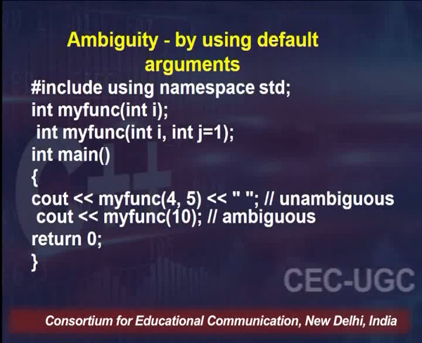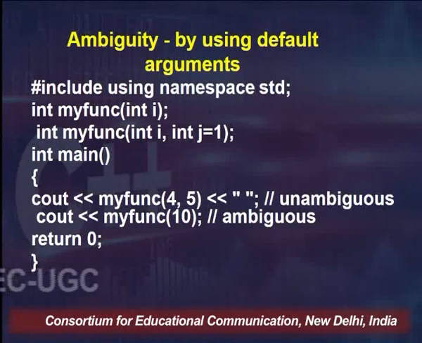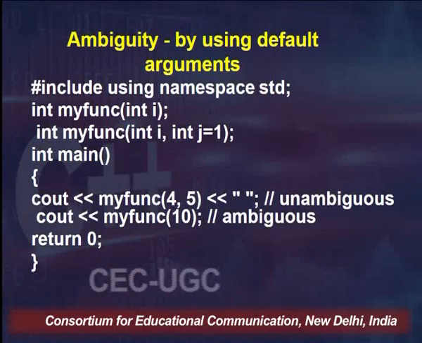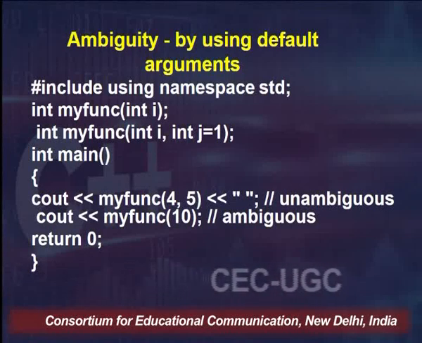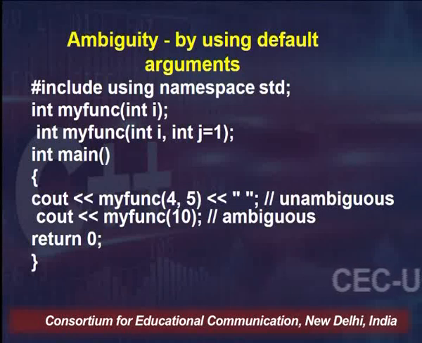We need to be more cautious in using default arguments while overloading. So what kind of ambiguity will these default arguments introduce? Let's see it with the help of an example. Here I have, again, the same name and the same return type, two overloaded functions.